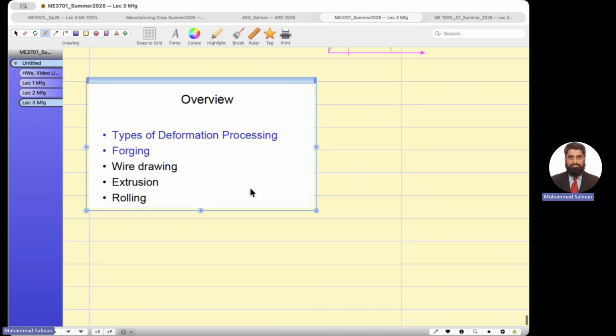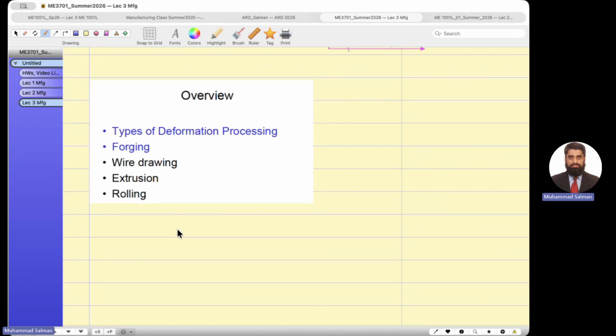So you will study four different types of deformation processes: forging, wire drawing, extrusion and rolling in this class.